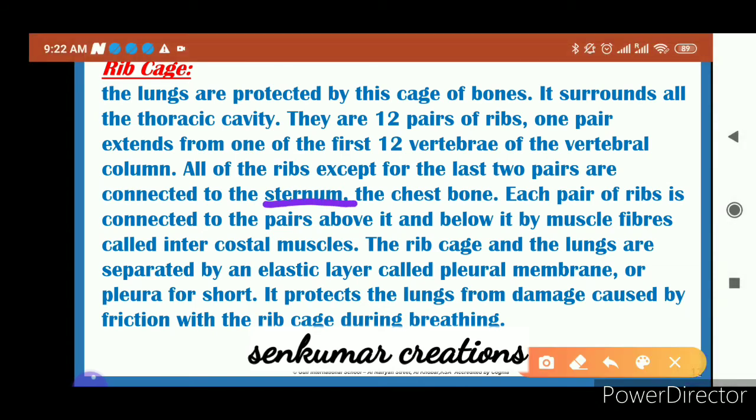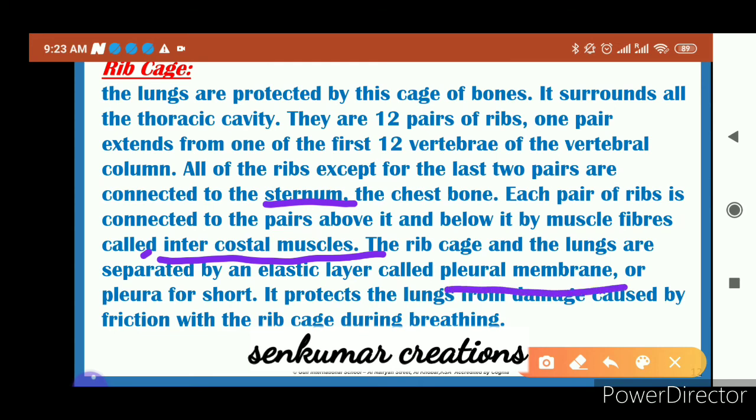And the ribs are connected with one another by a special type of muscle called intercostal muscles. The rib cage and the lungs are separated by an elastic layer called the pleural membrane.